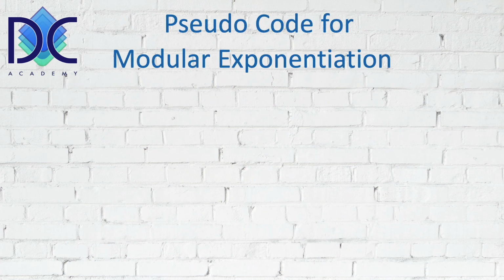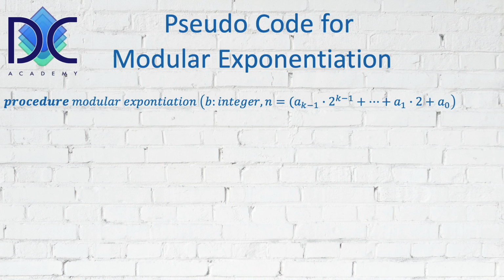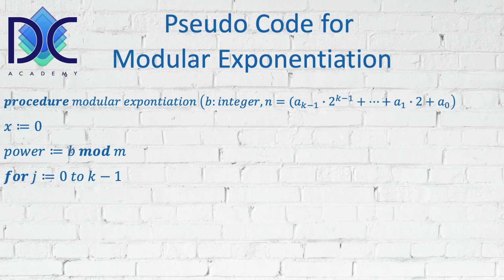We can also put this into pseudo code. We have the modular exponentiation that we have. We have the integer with those parameters. We start with x equals 0. We indicate we have a variable power is b modulus m. For j from 0 to k minus 1, so we go over all the parameters of the integer, so all the parameters a0 up to ak minus 1.